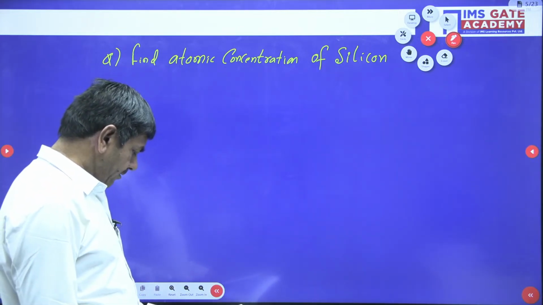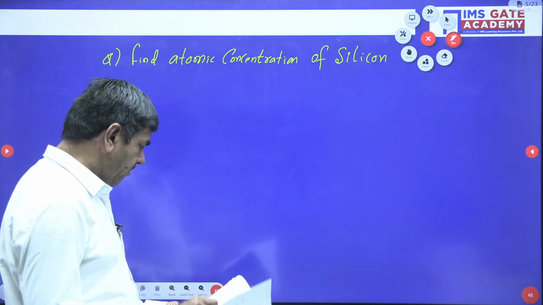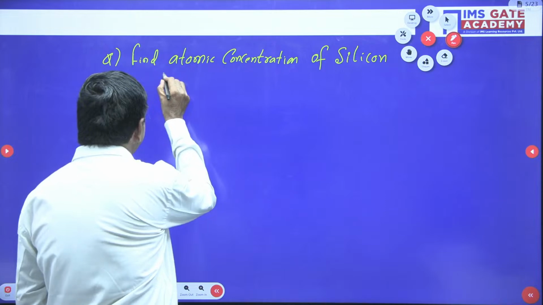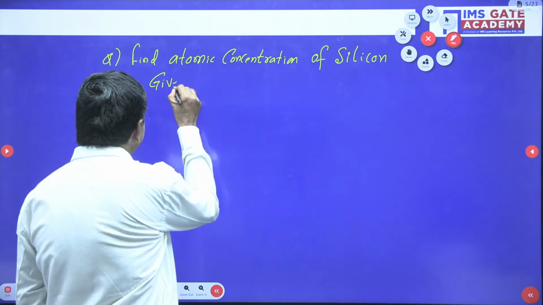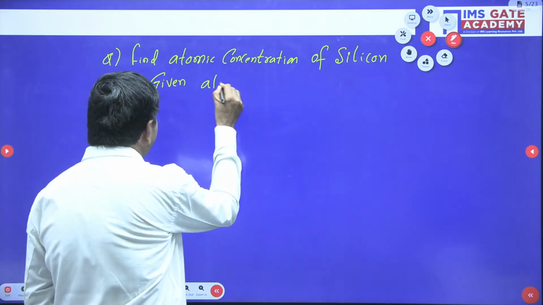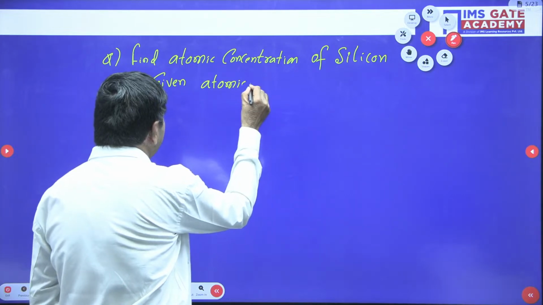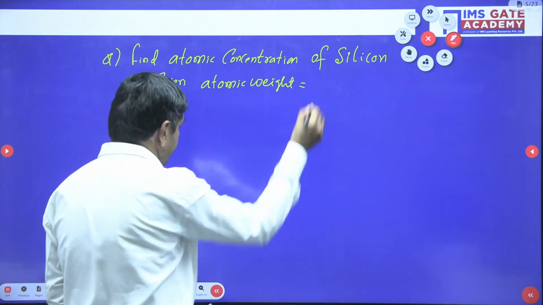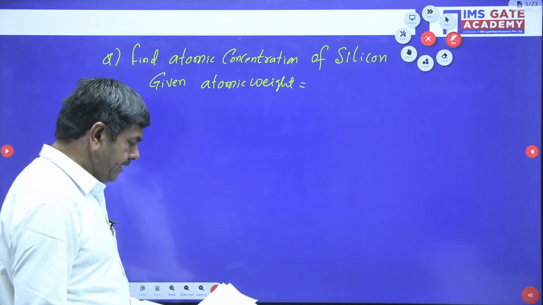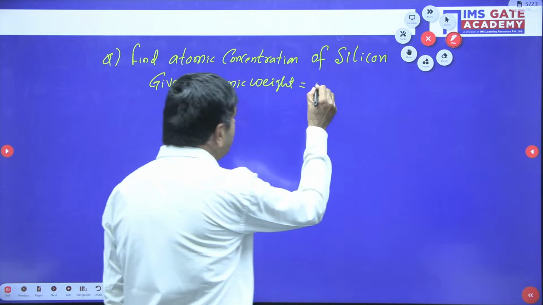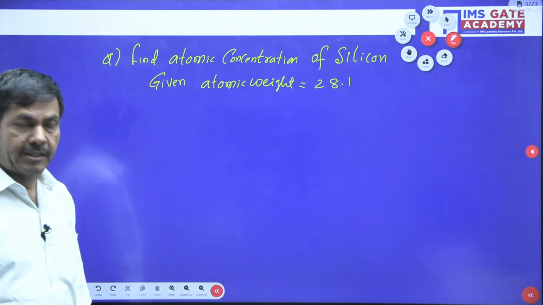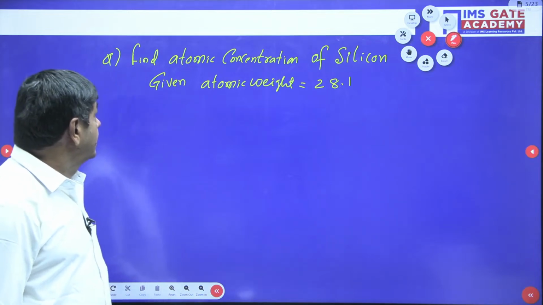For silicon, the atomic weight is given as 28.1. That is the atomic weight of silicon.